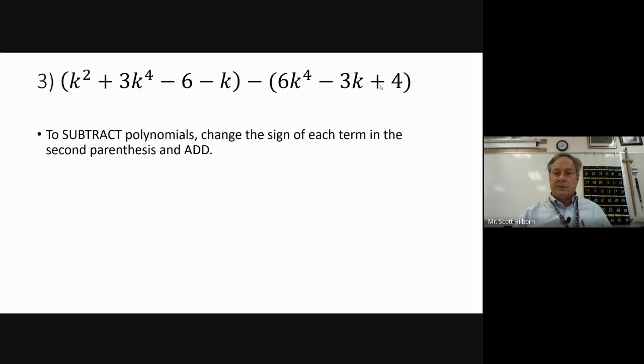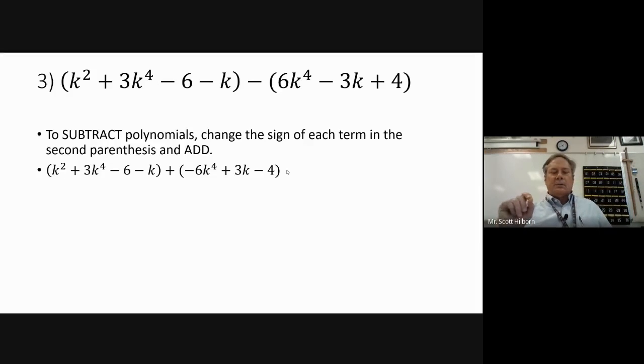I think y'all have learned to do that probably in middle school, and then because that's changed to a plus in the middle, you're still going to add. So here is my first step. The 4-term parenthesis on the left did not change, but now I'm adding, instead of subtracting, I'm adding a negative. And that -3 became a +3, and that +4 became a -4.